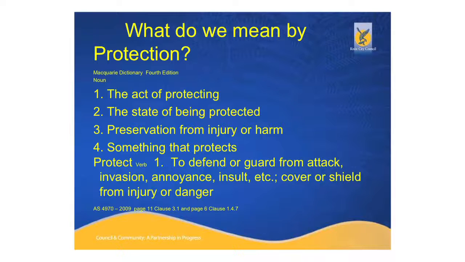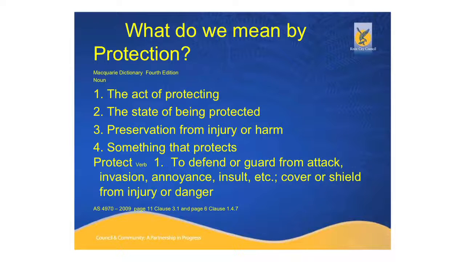What do we mean by protection? And I think it's really important to define what we mean by our terms. So the Macquarie Dictionary, the 4th edition, it's a heavy book, says that it's the act of protecting, the state of being unprotected, preservation from injury or harm, something that protects.